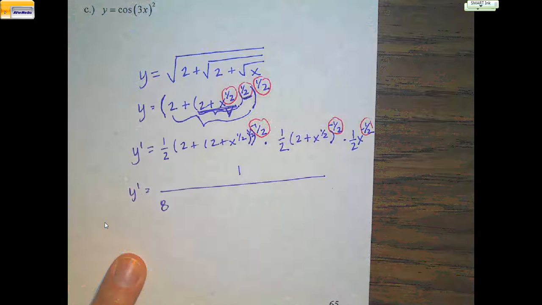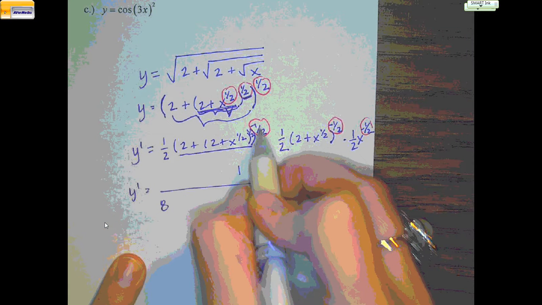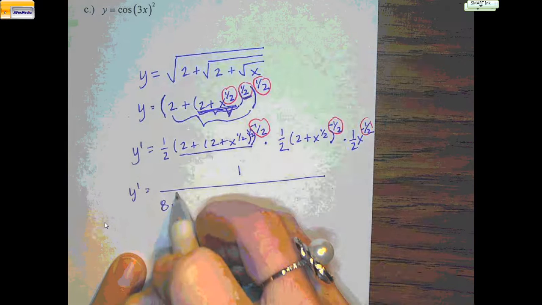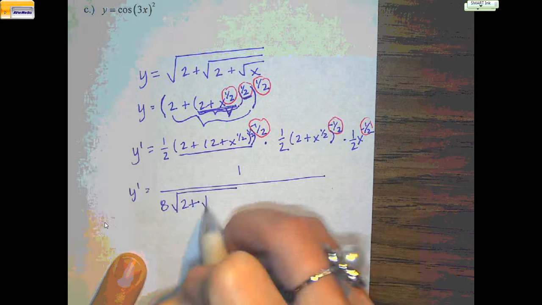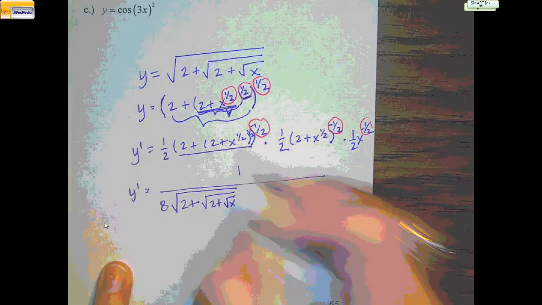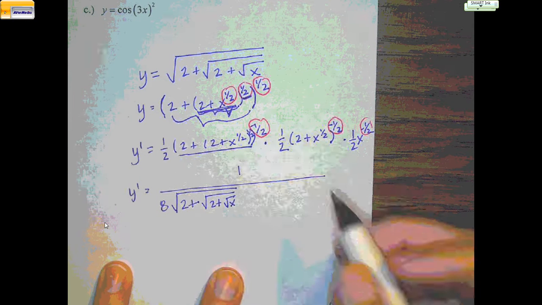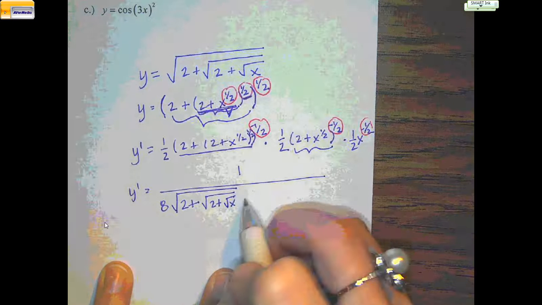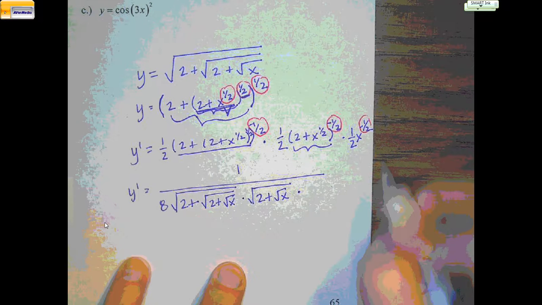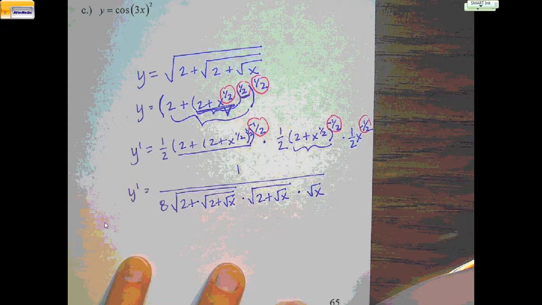And then this whole piece is to the negative 1/2. So can't I shove all of that in a radical? So I have 2 plus another radical, 2 plus another radical x. That was our original. And now this next piece is also to the 1/2, so times radical 2 plus radical x, times the last one, which is just radical x. And you can just leave it like that.